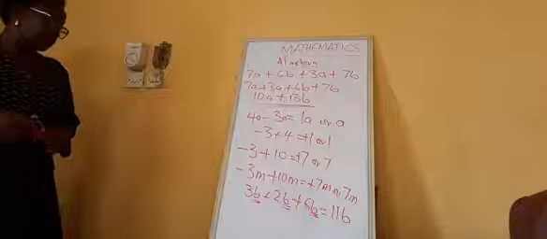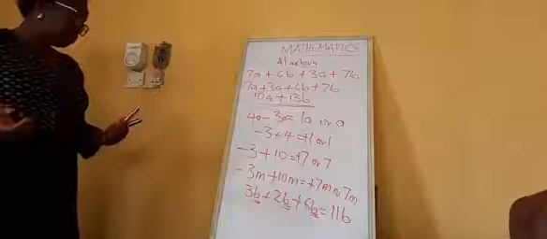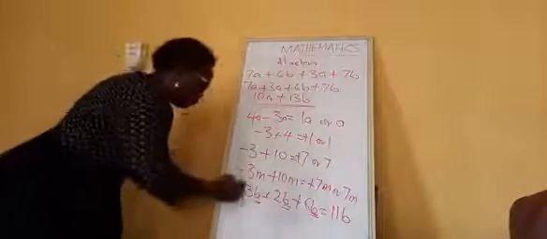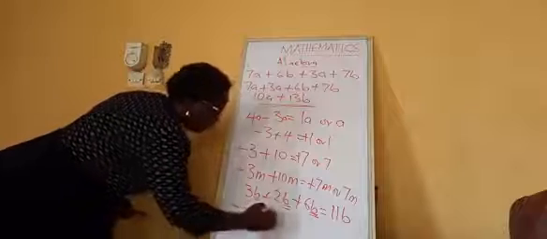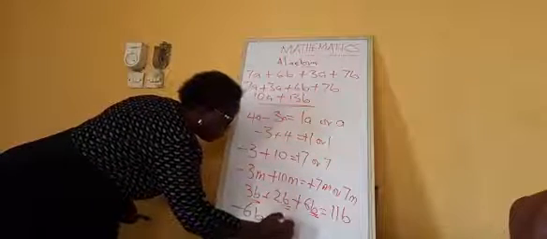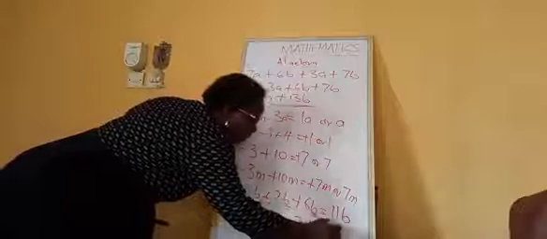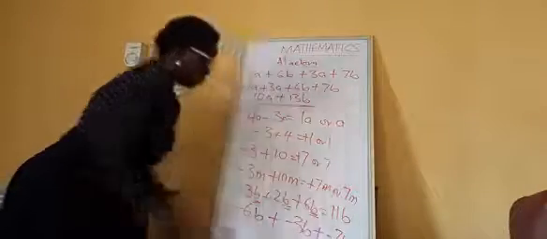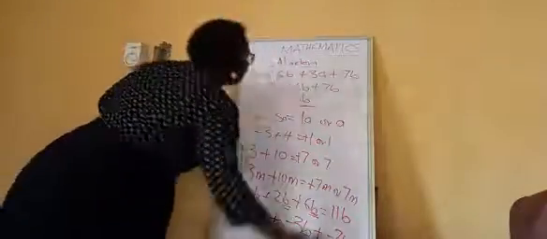Now, when it comes to subtraction, when you have minus 6b plus minus 3b plus minus 7b, this one and this is the same thing.